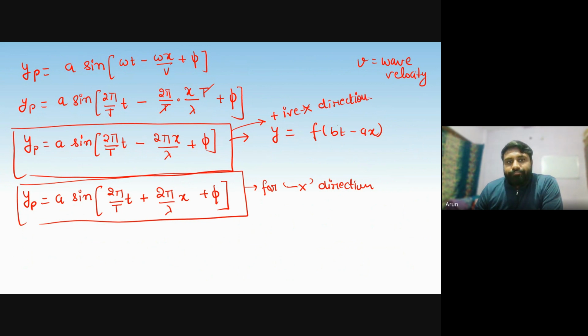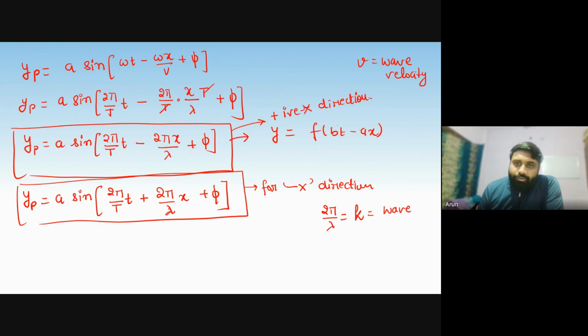Got it? Now, we also know from the previous lectures that 2 pi by lambda is nothing but the small k, which is the wave number.